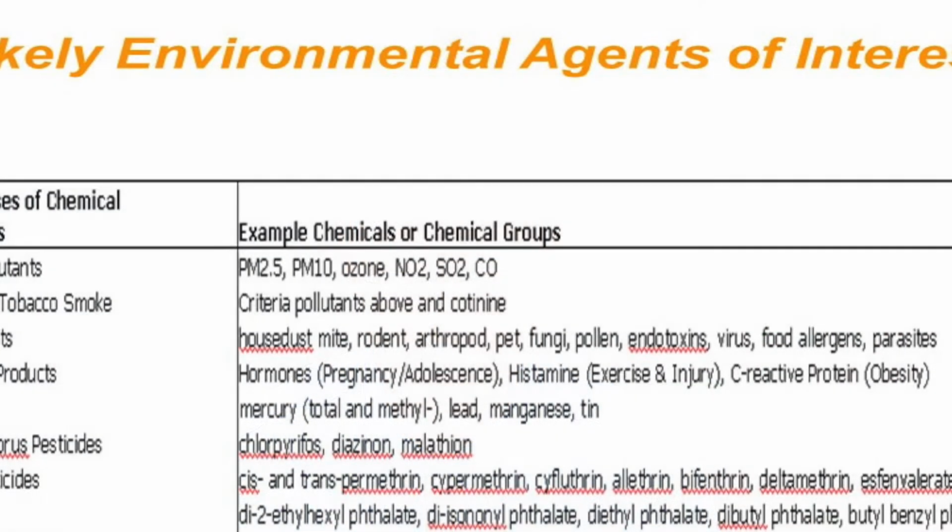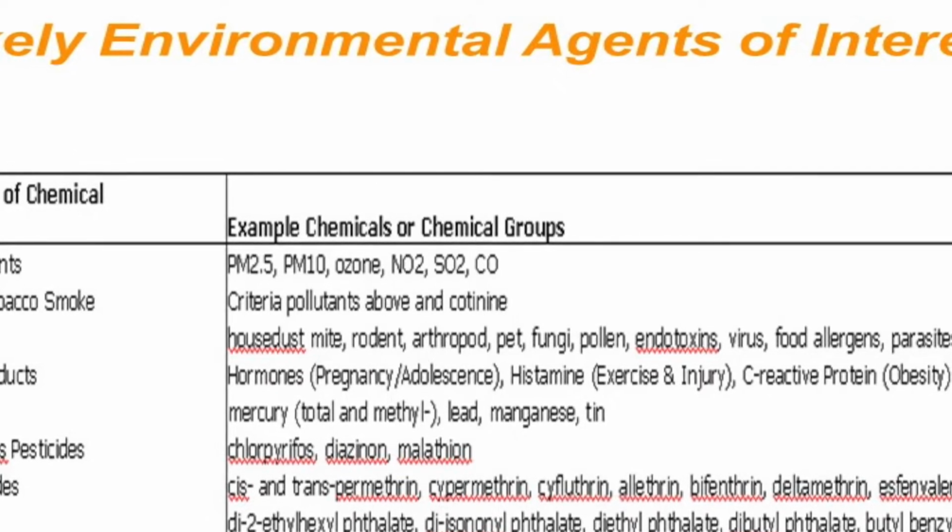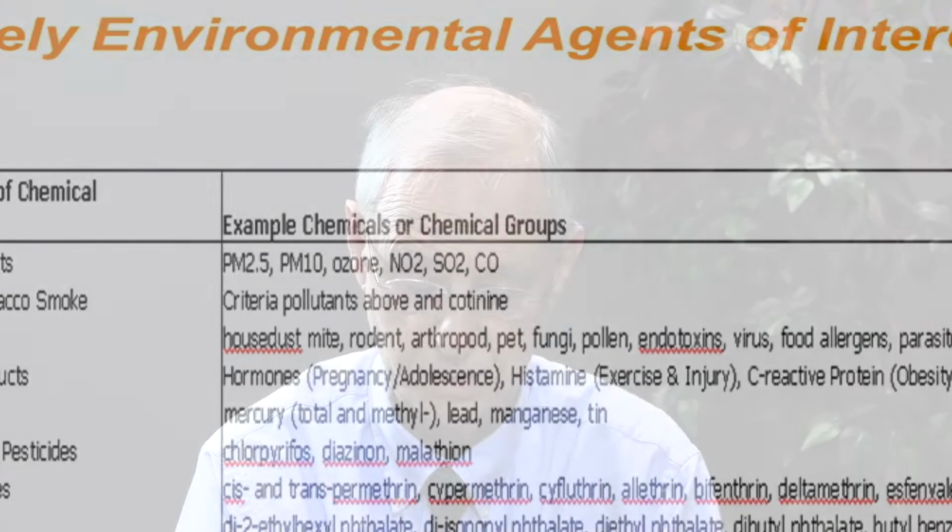This is not by any means a complete list of agents that we're concerned about, but among air pollutants, of course, we're interested in fine particles, various gases like ozone, nitrogen oxides, sulfur dioxide, etc. In indoor air, environmental tobacco smoke is a significant concern, as well as biological agents, house dust, mites, and endotoxins, and various allergens. And we're exposed also to metals during our daily activities.